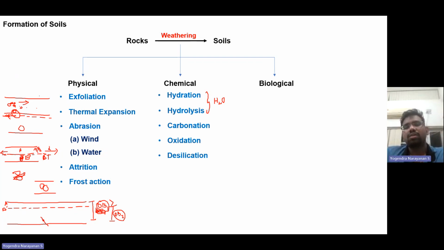For example, formation of plaster of Paris or gypsum from calcium sulfate is an example of hydration. Whereas in hydrolysis, water dissociates into H plus and OH minus ions.